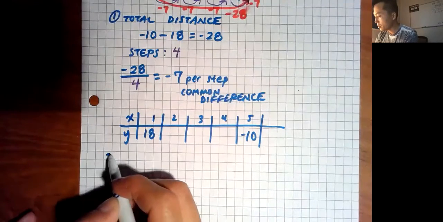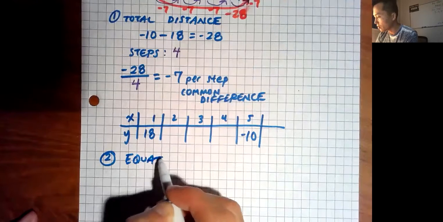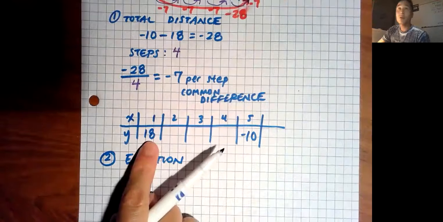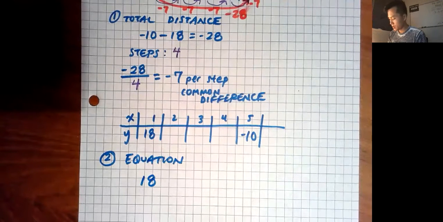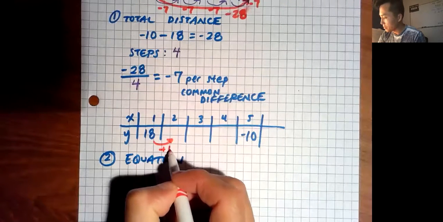This method, we're going to call using an equation. I know that I'm starting at 18, so I'm going to put 18 first. I know that I'm adding some common difference. I'm going to call the common difference, using the variable b.